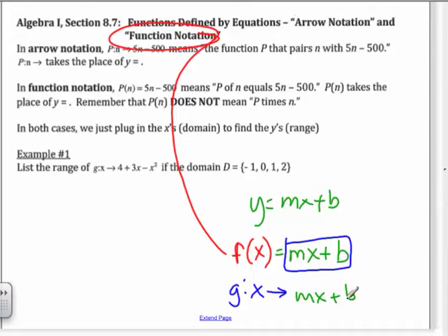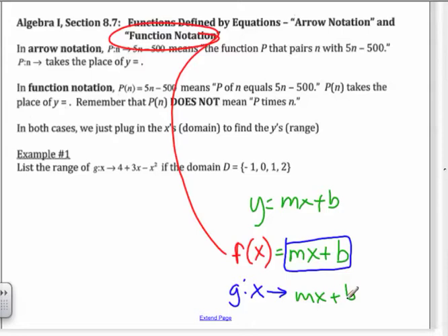Now, do you see we took away f of x and we replace it with g colon x arrow? We don't use this very often at all, but occasionally it does come up. So I want you to see it just so you'll be familiar with it. But it's the same thing as y. It is the same thing as y. So don't let it confuse you.